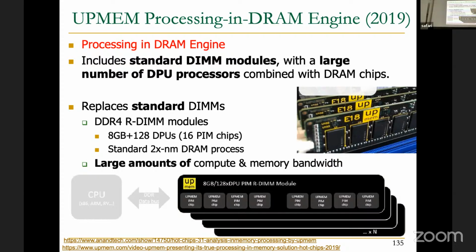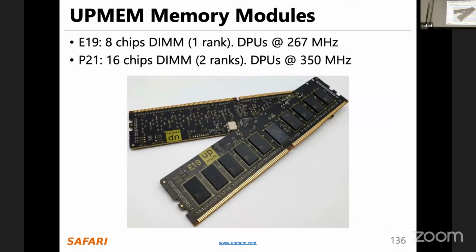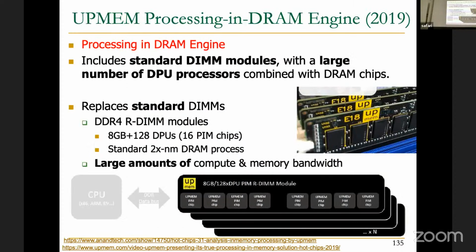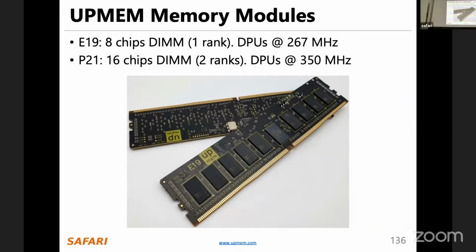Yes, this is a memory DIMM, and inside this memory DIMM you have several memory chips, and inside these memory chips we have some simple in-order cores that are capable of implementing general purpose computation. So these UPMEM systems compose the entire system out of these DRAM DIMMs capable of memory computing.